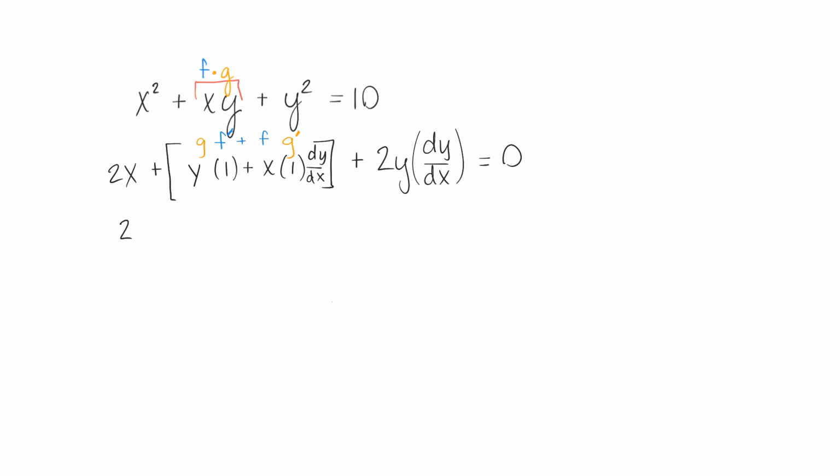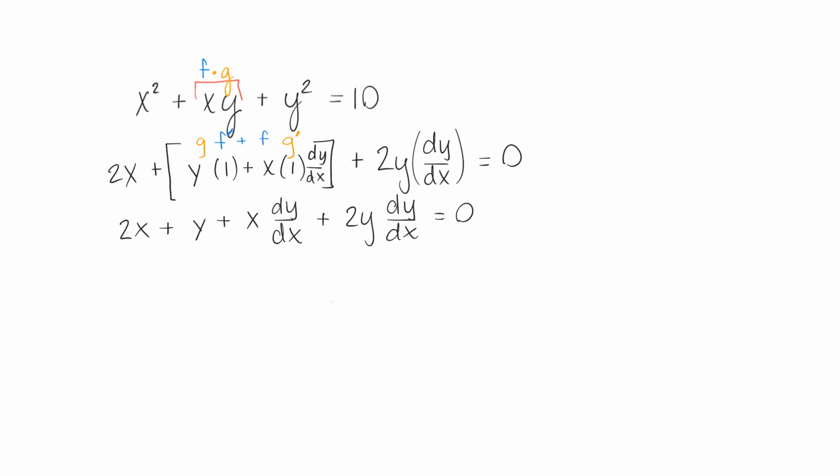All right, so 2x plus y times 1 is y, and x times 1 times dy/dx is just x dy/dx, plus 2y dy/dx equals 0.